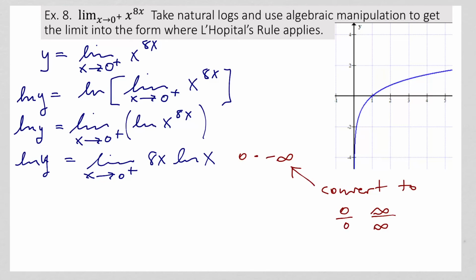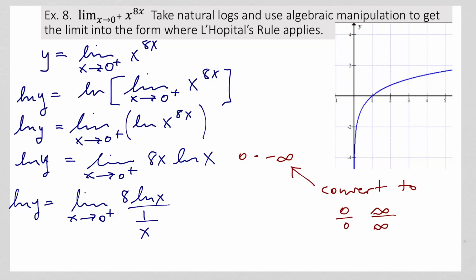So this is the same thing as the ln of y is equal to the limit as x approaches 0 from the positive side of the natural log of x divided by 1 over, let's put the 8 up here, 1 over x, like we did in that other problem. So this is the same thing written a different way. This and this are equivalent. Flip and multiply, and you can verify that this is the same thing.